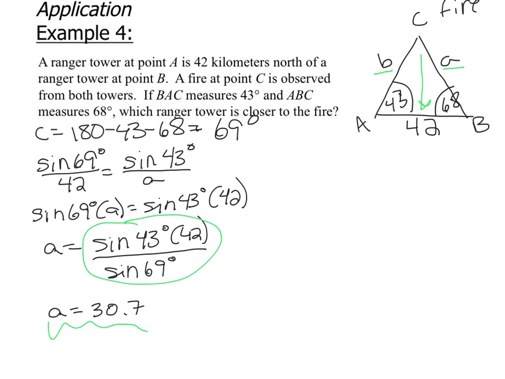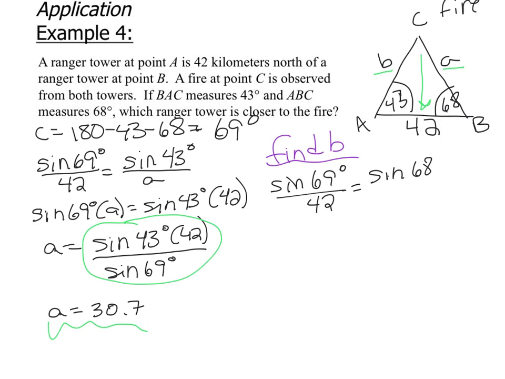I still don't know which tower is closer. So now I'm finding B. I'm going to set up basically the same proportion. I'm going to start with the sine of 69 degrees over 42, that's the sine of angle C over side C. But this time I'm going to set it equal to the sine of angle B, which is 68 degrees, over side B. And then when I rearrange that proportion, which you can do on your own, I'm going to skip that step.